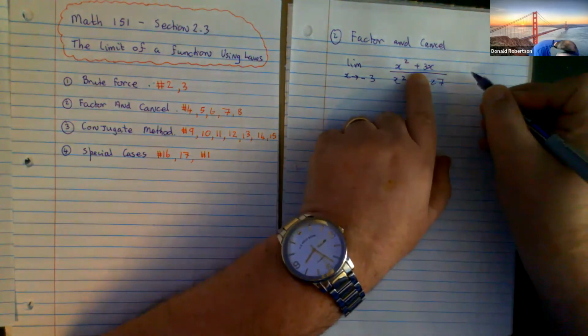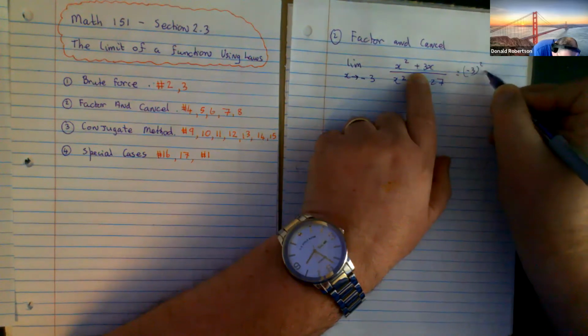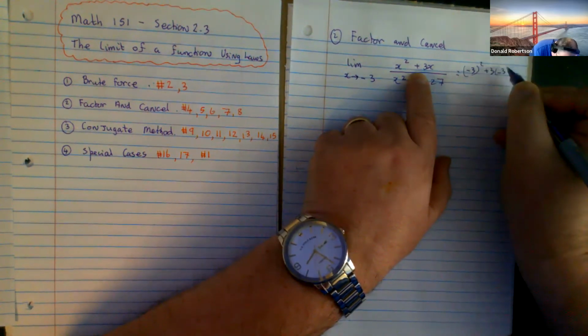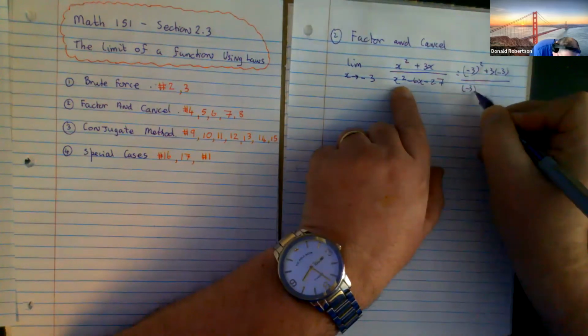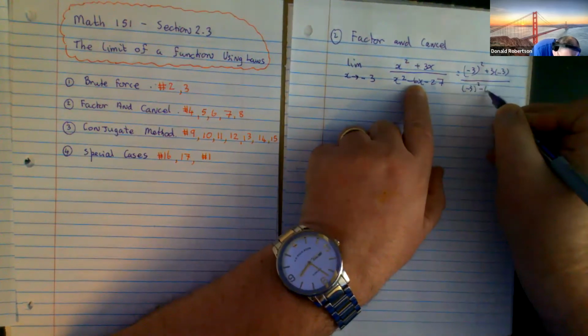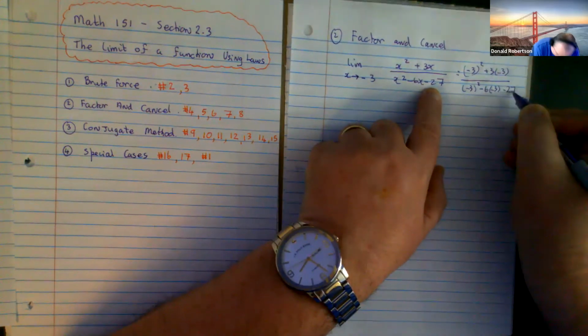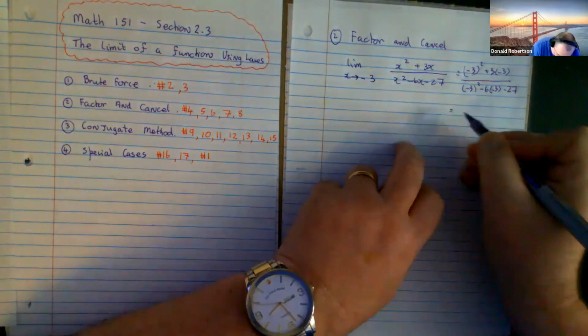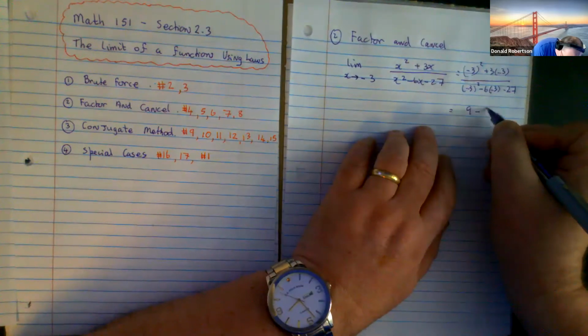If I did plug in -3 here, I would get -3 squared plus 3 lots of -3. That's the top bit. On the bottom, I would get -3 squared, take away 6 times -3, take away 27. That guy is 9, that guy is -9. So the top becomes 9 take away 9.